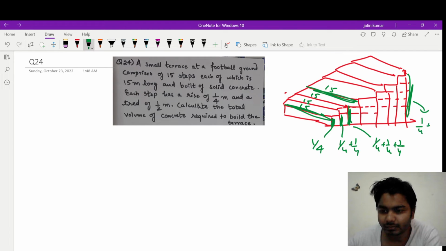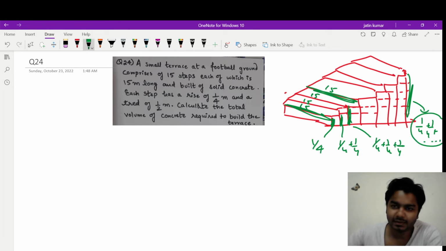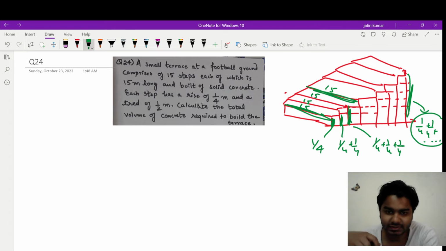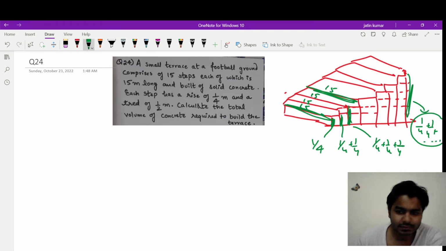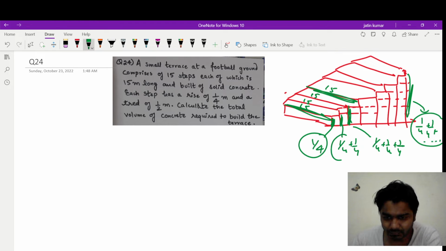The height of the last step will be 1 by 4 added 15 times. So can I write it as 1 by 4 into 15, because adding 1 by 4 15 times or 15 into 1 by 4 are one and the same thing, right? So the height increases by 1 by 4 meter.